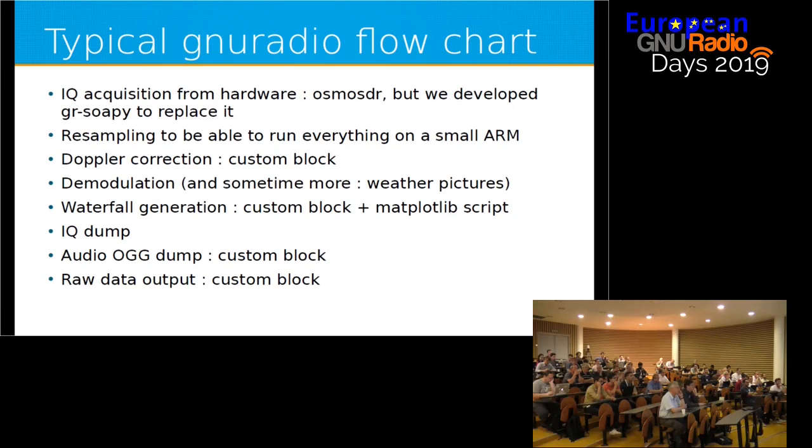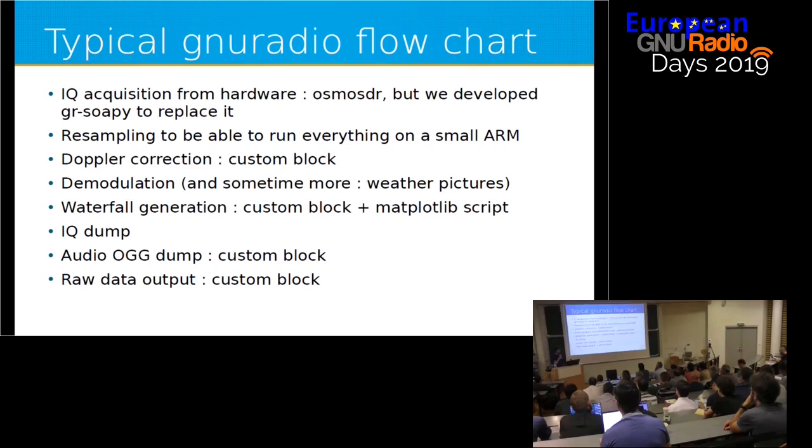We also do the waterfall generation in this GNU Radio flow graph. It's a custom block that writes a data file, and then we process this file with a matplotlib script. We also do the IQ dump, but we don't do it on every observation because of its size, and also because it would destroy the SD card of the Raspberry Pi quickly.